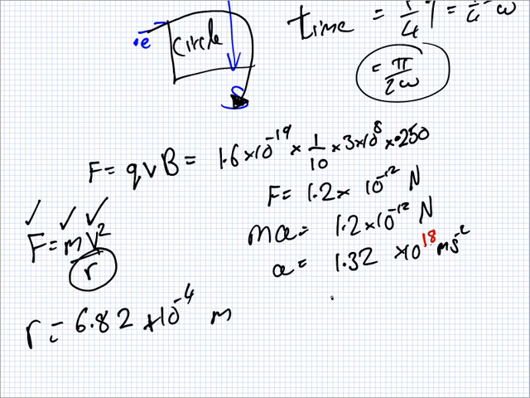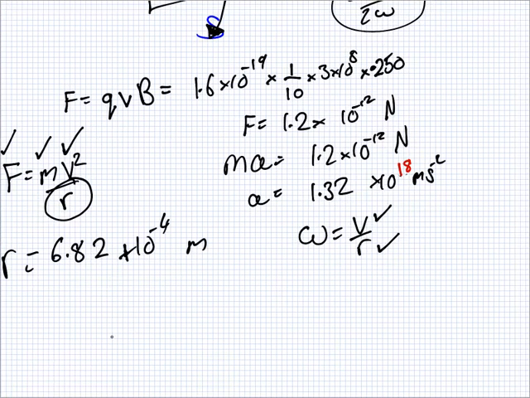You could use this formula for omega. Omega is v over r. Do you know the v? Yes. Do you know the r? Yes. So omega will equal 1.4 times 10 to the 10 radians a second.